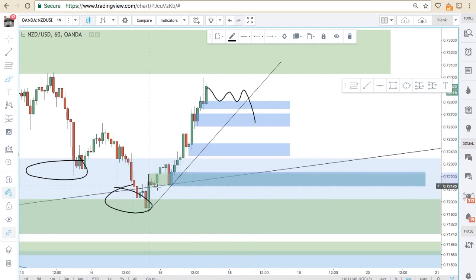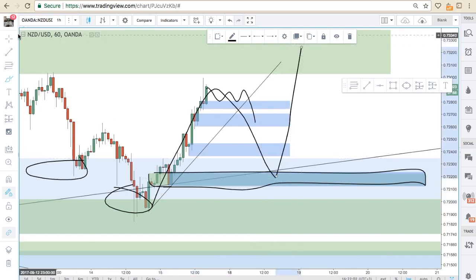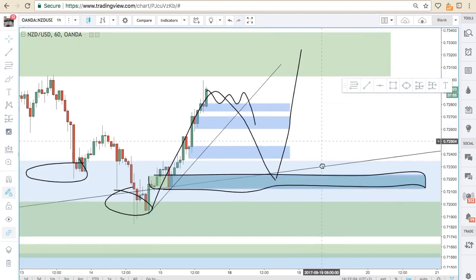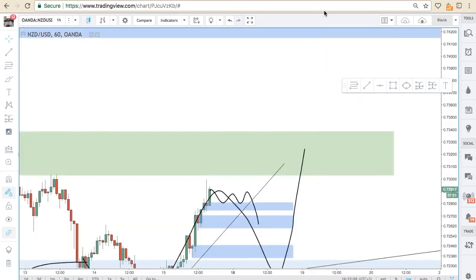So we have a 4 hour zone here that also lines up with a 1 hour zone. So now we have a 1 hour zone within a 4 hour zone within a daily zone right here. So what we might see is price goes up, retraces to this point, and then boom, that'll give price enough strength to bounce all the way up to our target up here at 7,400.